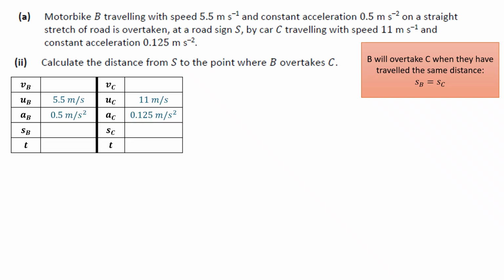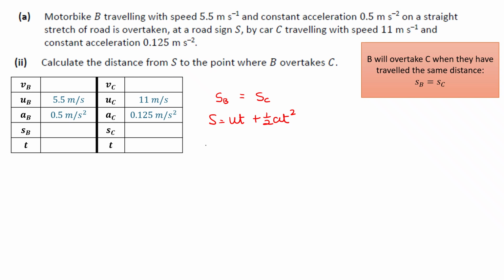Now we can't use our time or s's from the previous part. All we can go back to is our initial u, and our acceleration. So what we want to do here is have SB equal to SC, and we're going to use the formula s is equal to ut plus a half at squared. So this is going to find when it happens.